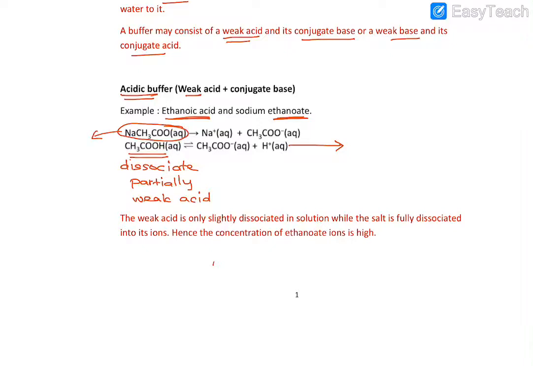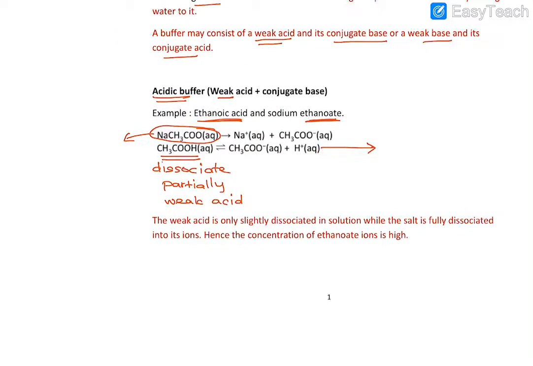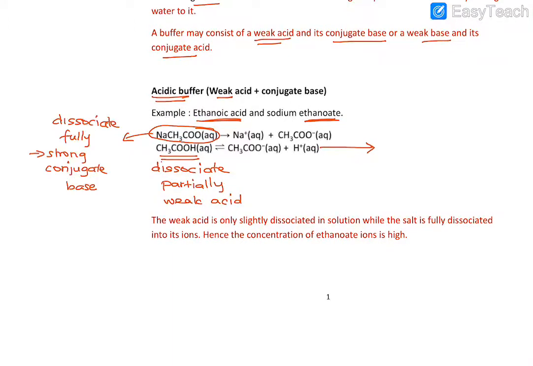Ethanoate is going to dissociate completely, so you have CH3COO minus. There's going to be a lot of CH3COO minus in the solution, and also a lot of ethanoic acid, because it is mostly undissociated.